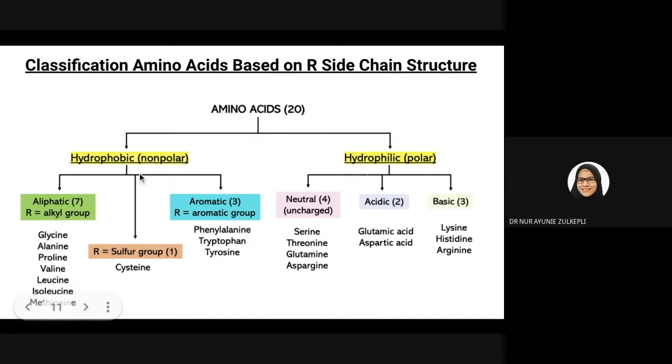For non-polar, you can further divide it into those with an alkyl or aliphatic group, of which there are 7 in this group, the sulfur containing group, which is cysteine, and aromatic, which has an aromatic group in the R side chain: phenylalanine, tryptophan, and tyrosine. For hydrophilic, the polar amino acids can be divided into acidic or basic, and also neutral or uncharged amino acids. Okay, let's see one by one.